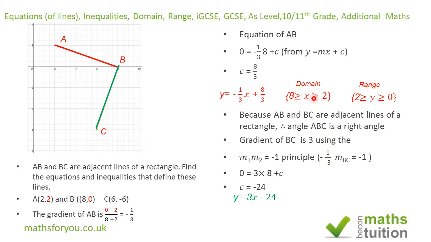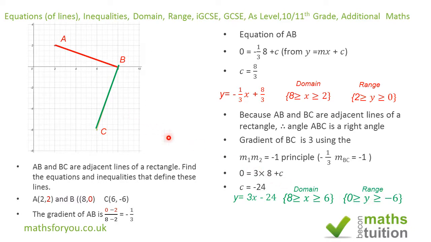For our domain first, the values for x, we have that x will be less than 8 and greater than 6. So x will be less than 8 this way and greater than 6 this way, and that will be our domain. Now for the range, we have that y is greater than or equal to -6 and less than or equal to 0.